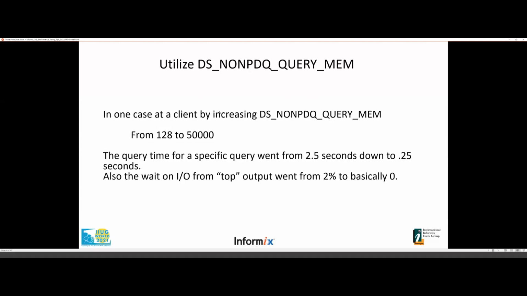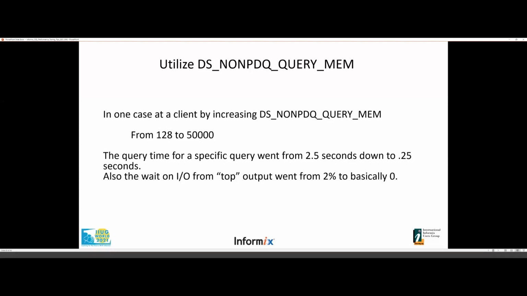So in this case, for one client, we increased DS total memory from 128, which is the default, to 50,000. The query time for a specific query that we were testing with went from 2.5 seconds down to 0.25 seconds, which was a big difference.